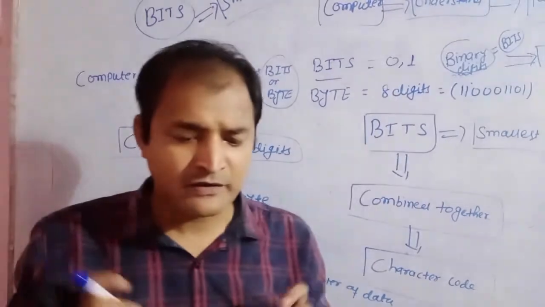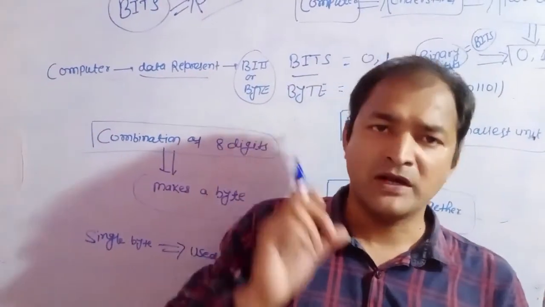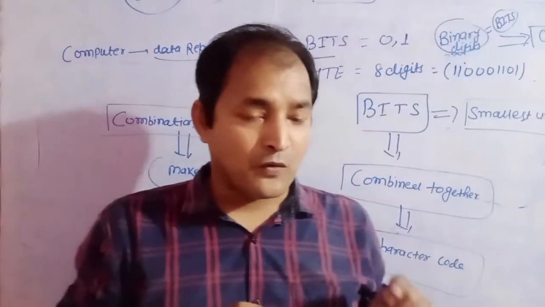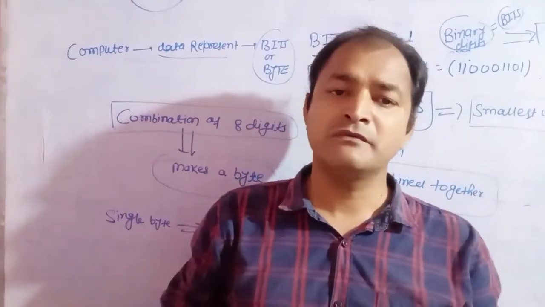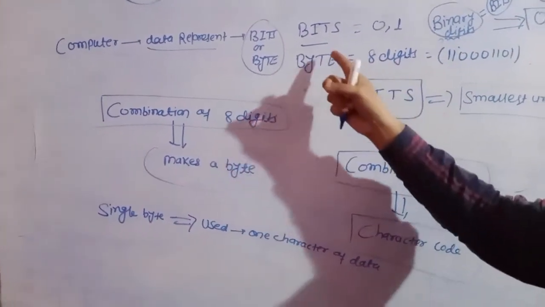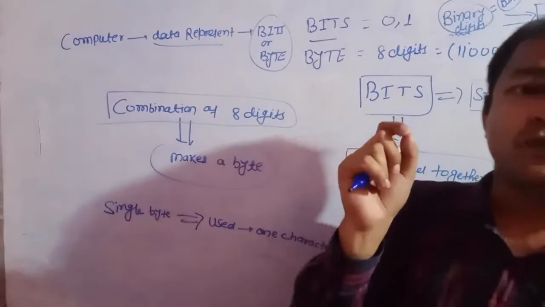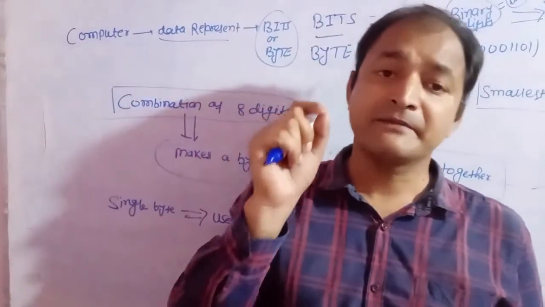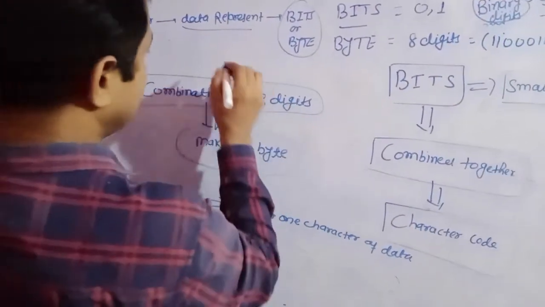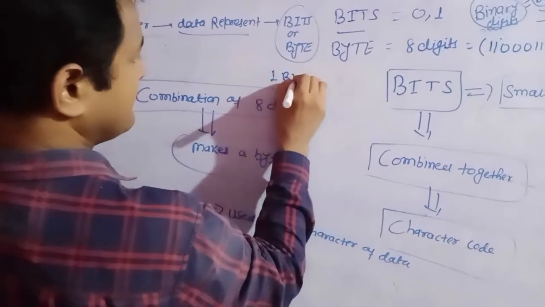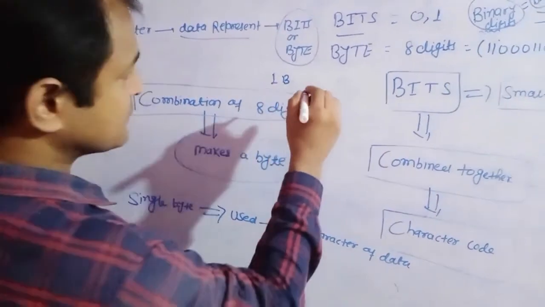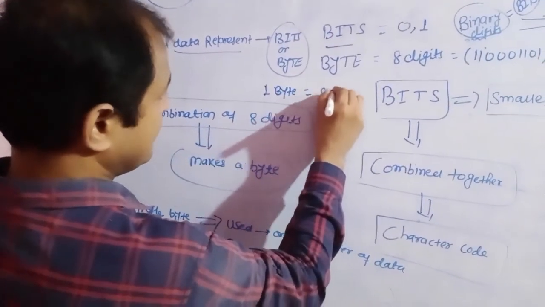Keep one chart always in your mind: 1 byte is equal to 8 bits. Anybody asks the question, 1 byte is equal to 8 bits. So again, 1 byte is equal to 8 bits.